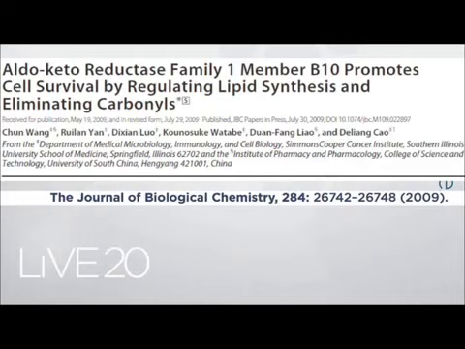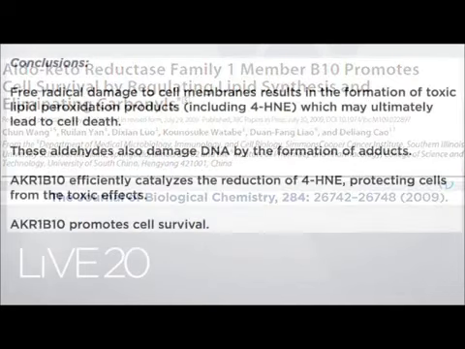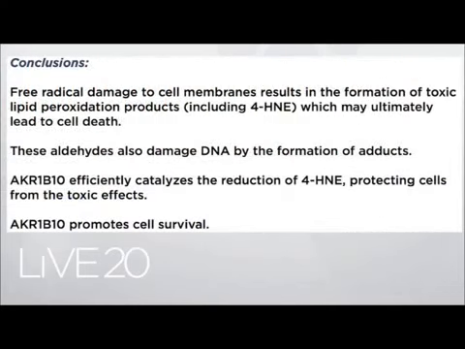And look at this title. This gene, AKR1B10, promotes cell survival, sounds good, by regulating lipid synthesis and eliminating carbonyls. Well, you may not know what carbonyls are, but carbonyls are related to T-bars, which you have heard before, lipid peroxidation products. The conclusions of these 2 papers is that this gene responds to free radical damage, which results in formation of toxic lipid peroxidation products.